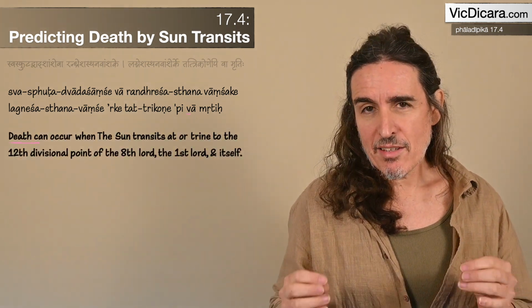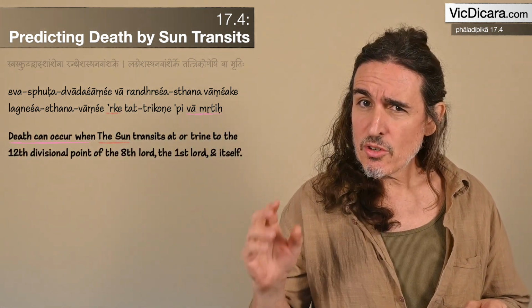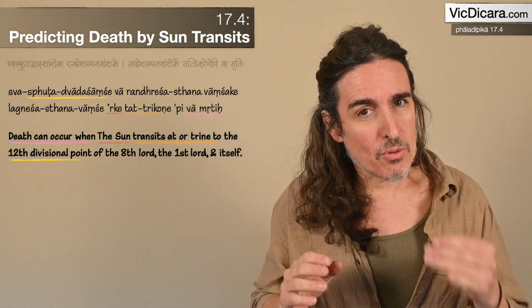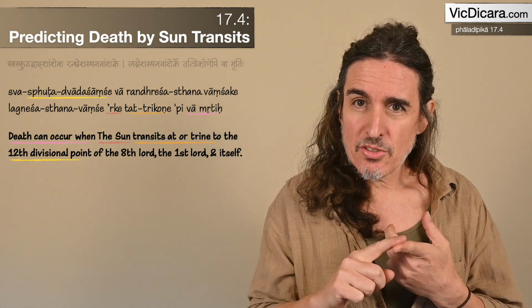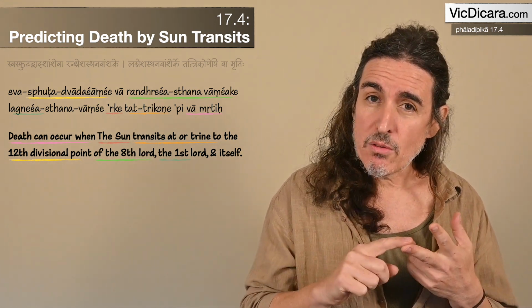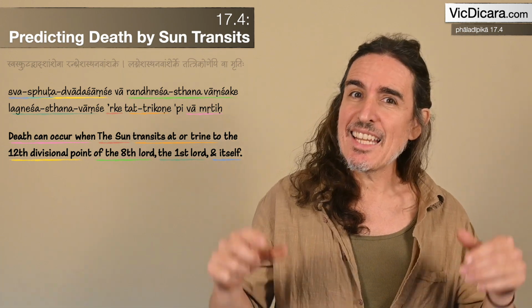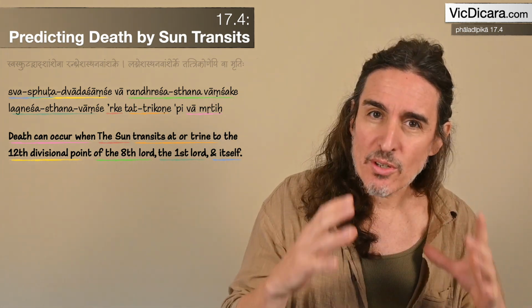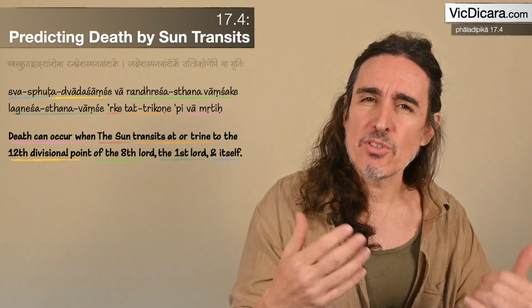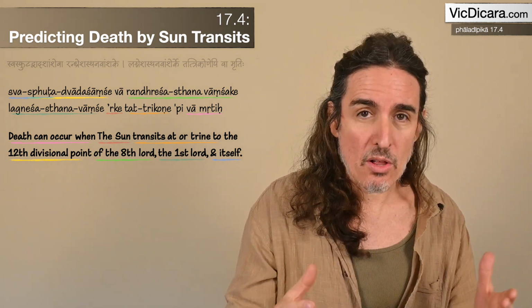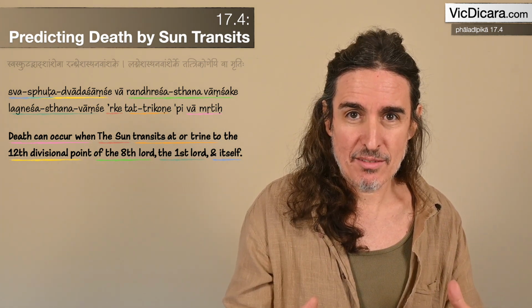It means that death can occur when the sun transits trine to one of the following 3 points: its own position, the position of the 8th lord, and the position of the 1st lord, but not in the regular zodiac, in the subdivisional zodiac. And in which subdivisional zodiac? In the 12th subdivisional zodiac.